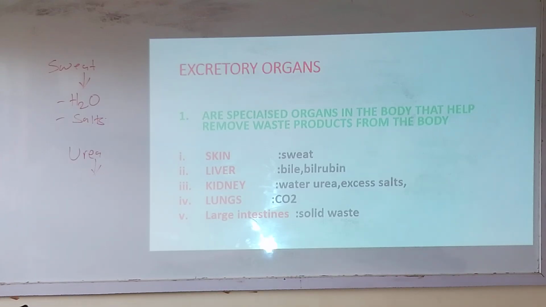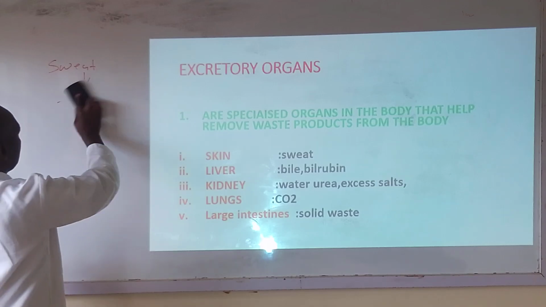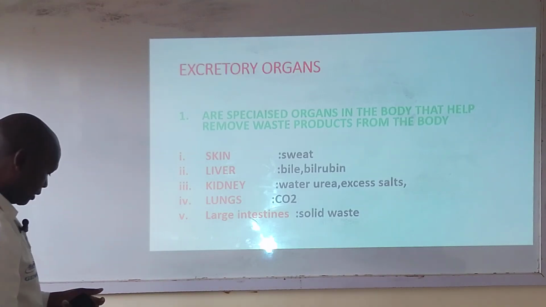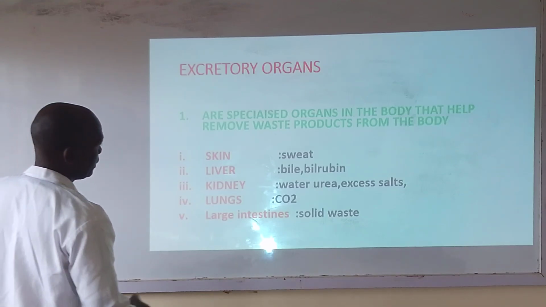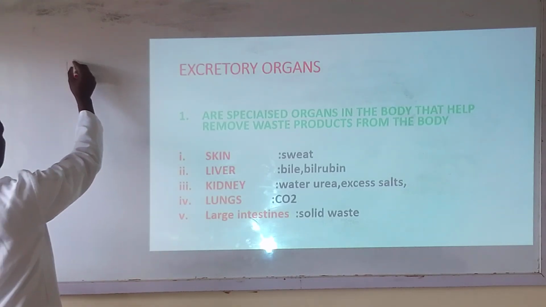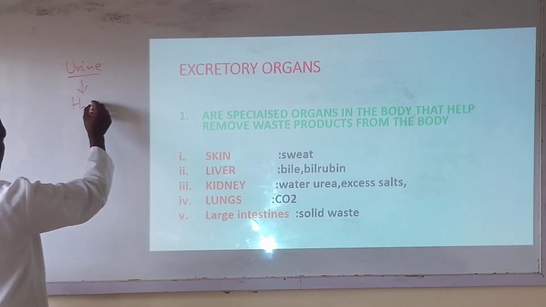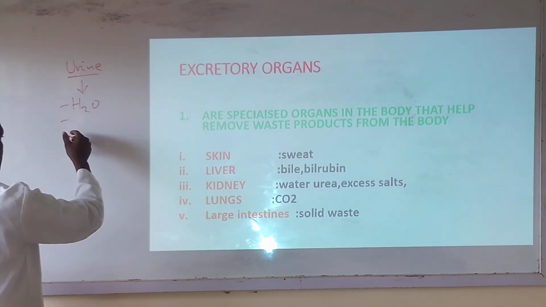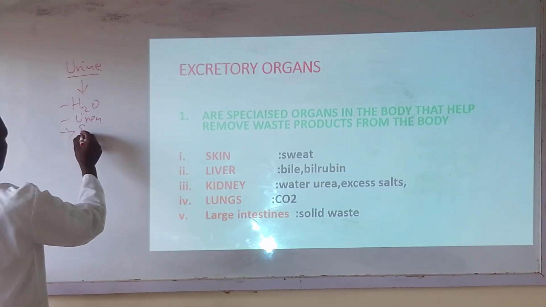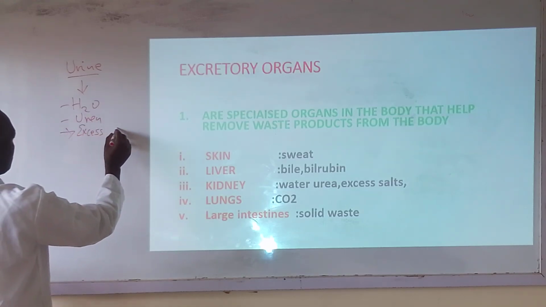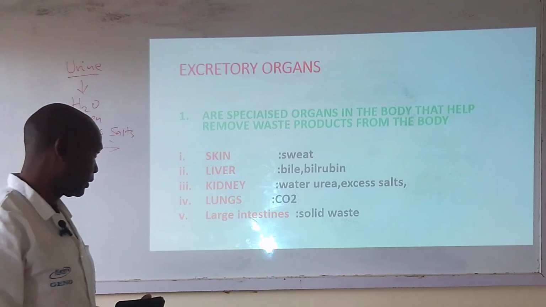How about the kidney? The kidney excretes urine, and it is in this urine that you can also get water. So urine has water, it also has urea, it also has excess salts, among other waste products.